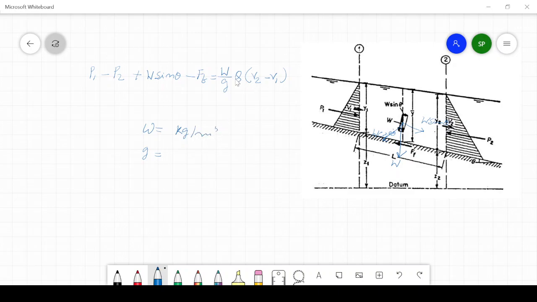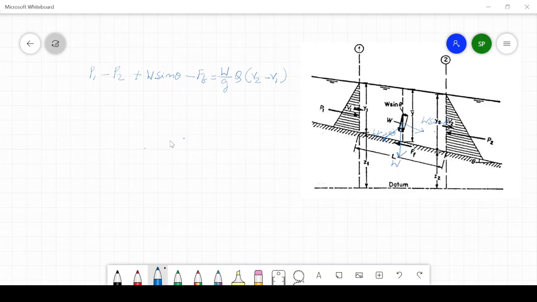So if you multiply this, what you will get? Mass into velocity, mass per second. Mass into velocity is equal to what? Momentum, isn't it? Clear? Is this clear to you? Okay.